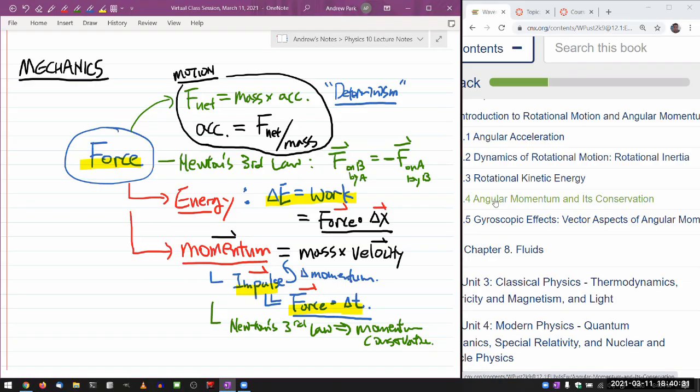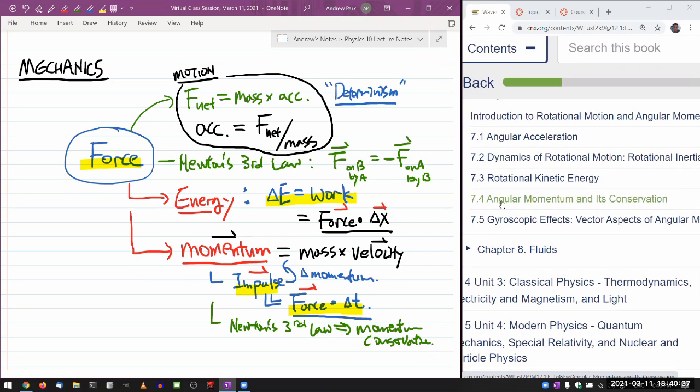That analogy is what helped me really understand angular momentum, especially when you look at a really fun confounding effect like the gyroscopic effect. That's the topic of one of the essays that you will complete this week.